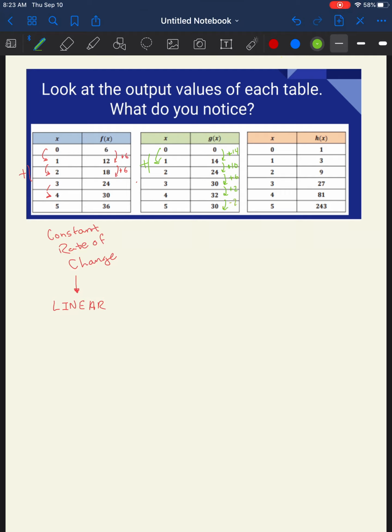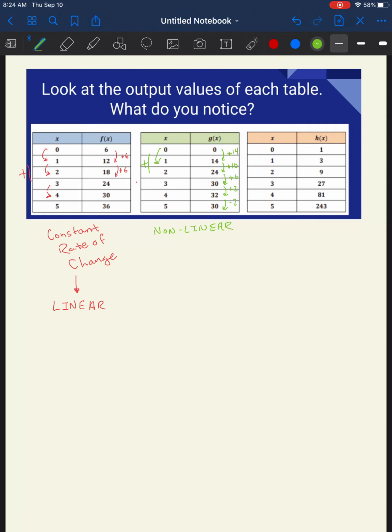So what I notice here is this is not a constant rate of change, because over here we are not adding or subtracting the same thing. In fact, we'll even notice here at the 30 to 32 to 30, I went up and then back down. So if it's not constant, it's what we call non-linear.